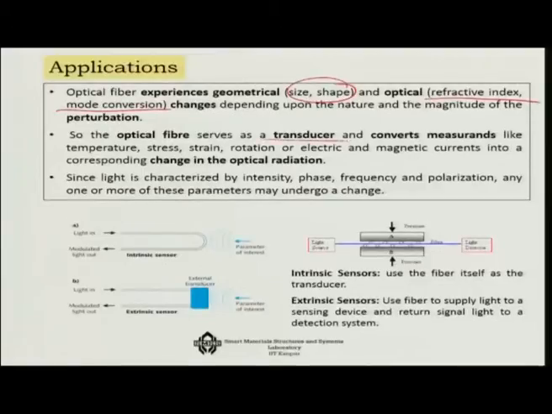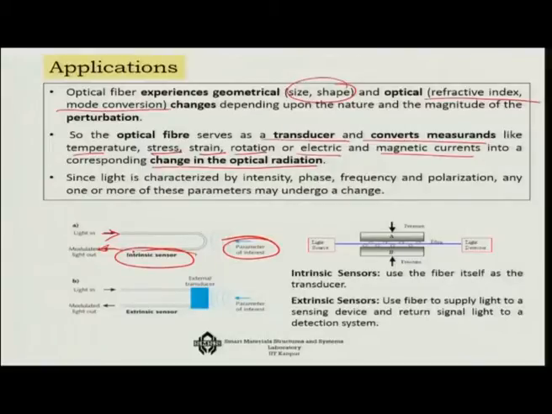So it can work like a sensor, like a transducer, which can convert measurements like change in temperature, change in stress, strain, rotation, electric or magnetic current into a corresponding change in the optical radiation. So suppose I am sending the light in and I am getting the light out, and there is a change in the parameter of interest in between. As a result, this will become an intrinsic sensor.